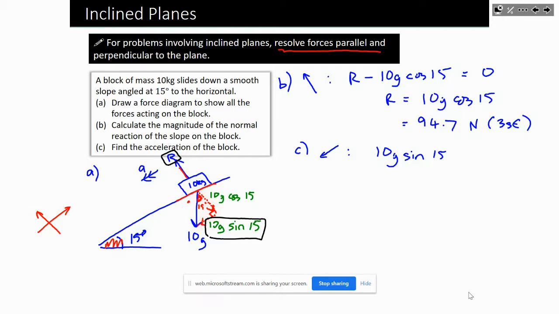So the only force is from the weight, so 10g sine 15, and that's going to equal mass times acceleration. Our mass is 10, so we have an acceleration we need to figure out. So 10g sine 15 is 10a, so 9.8 sine 15 is equal to our acceleration, which gets us to an acceleration of 2.54 meters per second squared to 3 significant figures.